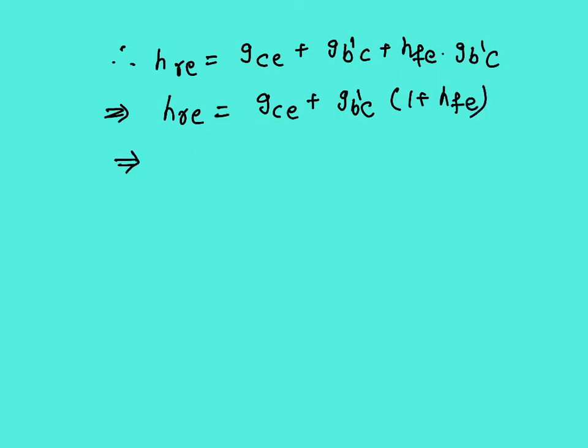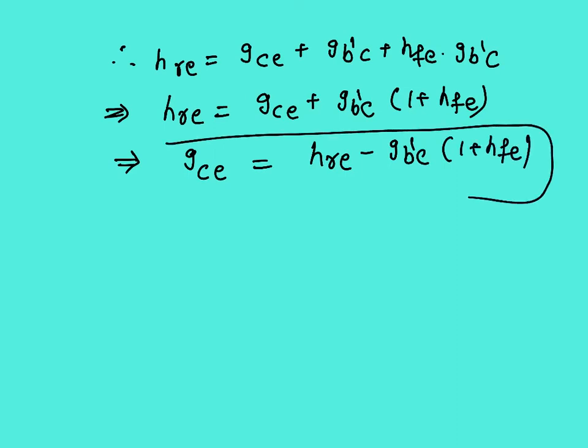From this expression we calculate the output conductance. So gce can be written as hoe minus gb'c into (1 plus hfe). This is the final expression for the output conductance of the transistor at high frequency.